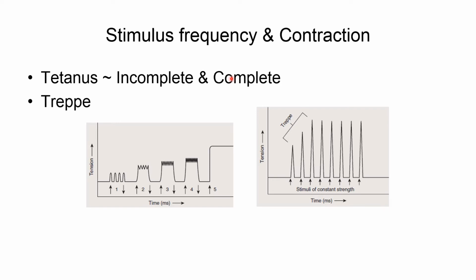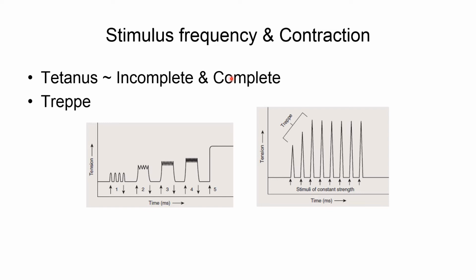When a single action potential comes on the membrane of a muscle cell, it contracts, and the cross bridges are formed during that contraction, and then the cross bridges between myosin and actin detach, and the muscle relaxes. If the number of action potentials on the membrane is increased, that is, the frequency of stimulus is increased, then when the cross bridges get detached, at the same time they get attached again.